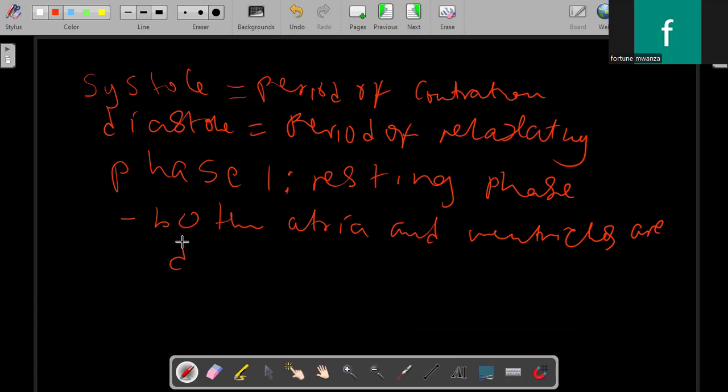By now you have to understand what diastole means. We said it means the period of relaxation. So in phase 1, the resting phase, both the atria and the ventricles are in the period of relaxation, so they are in diastole.